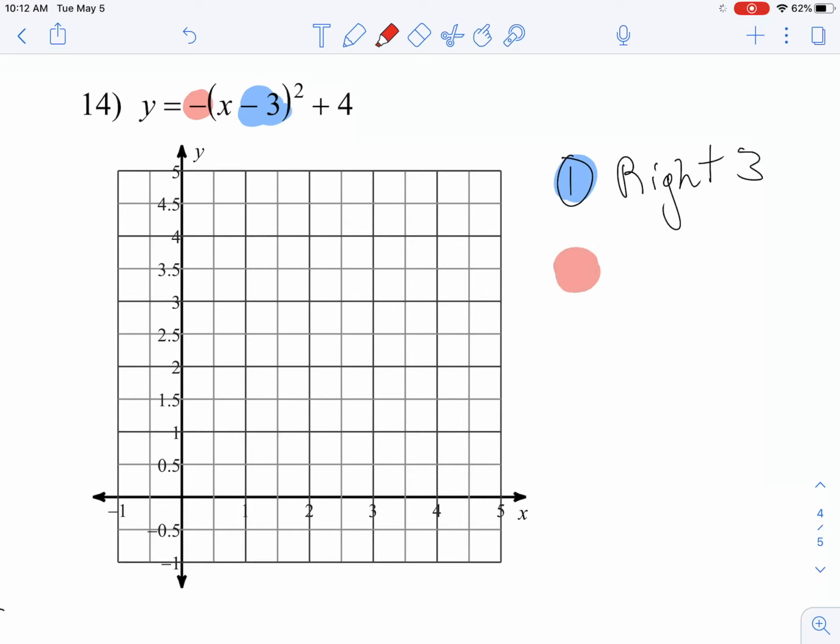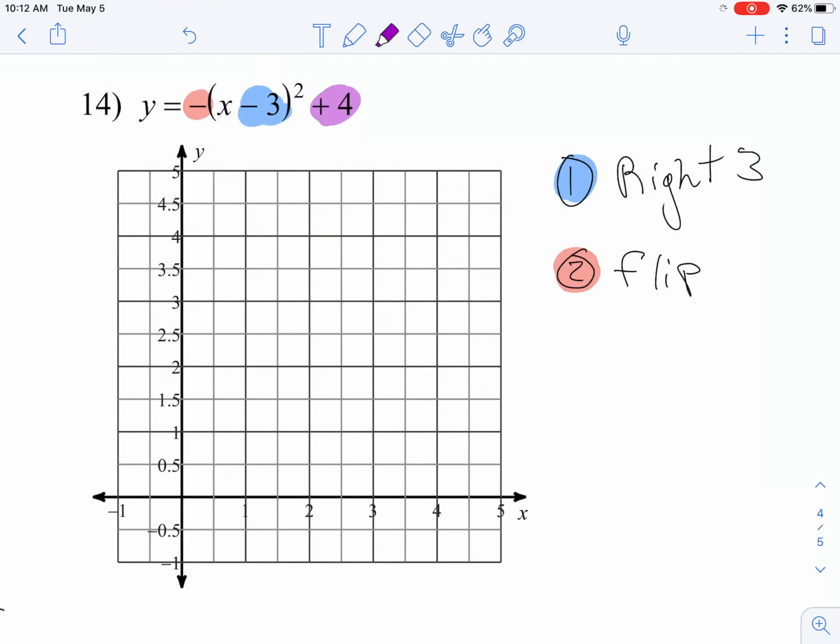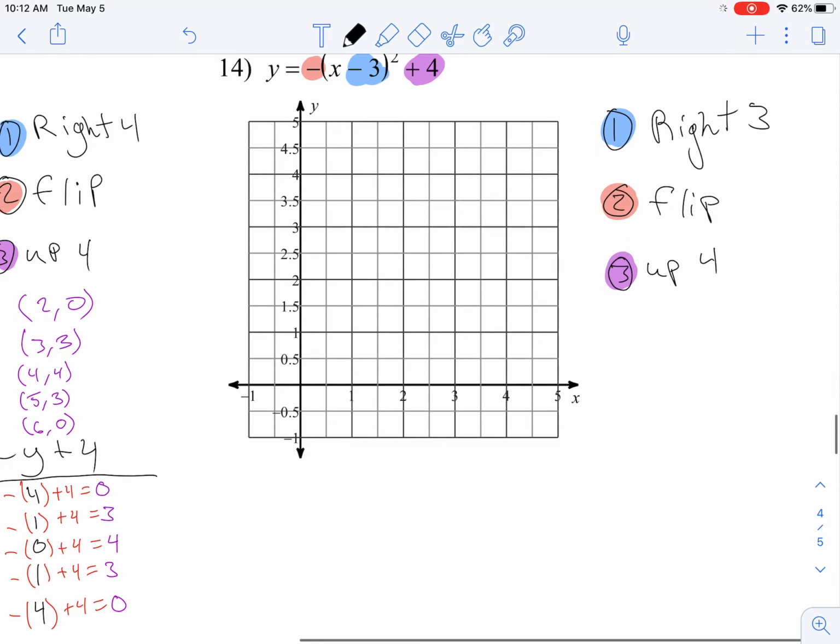So that's an x-axis reflection, or it's getting flipped over. And then we're moving up 4. So our third step, up 4.